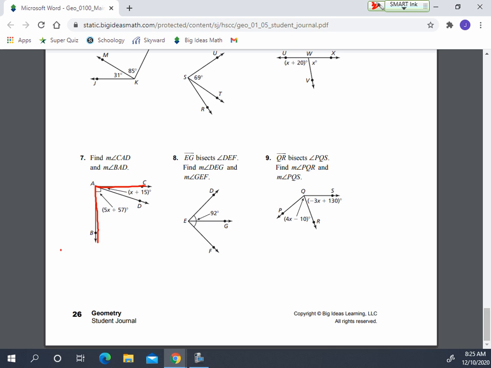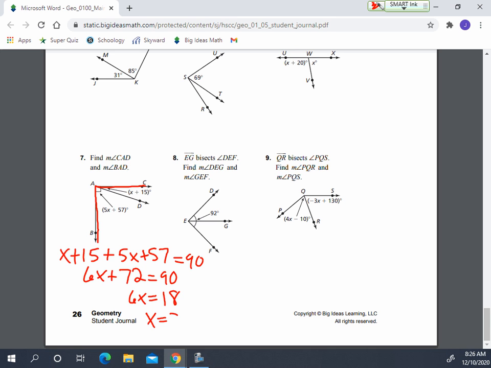We can say x plus 15 plus 5x plus 57 is equal to 90 degrees. Combined like terms, we get 6x plus 15 plus 57 is 72, is equal to 90. If I subtract 72, I get 6x is equal to 18. And then x is equal to 3.